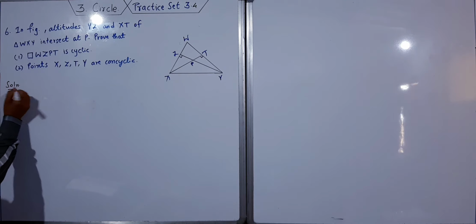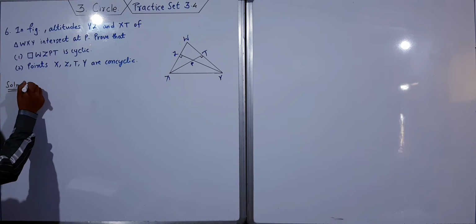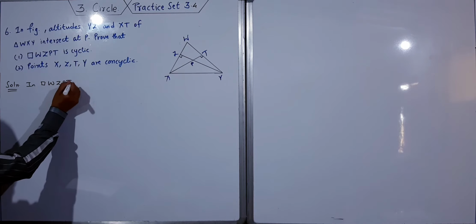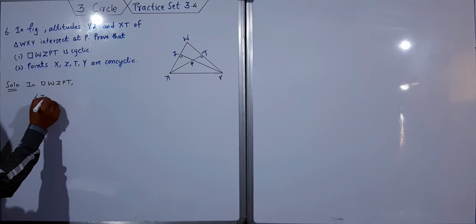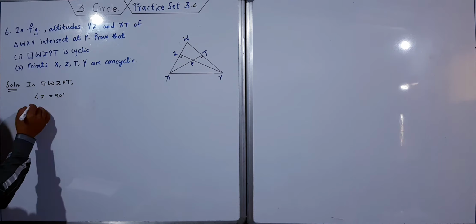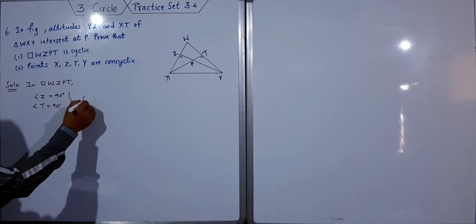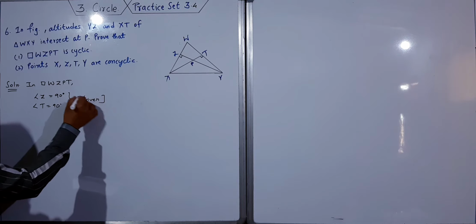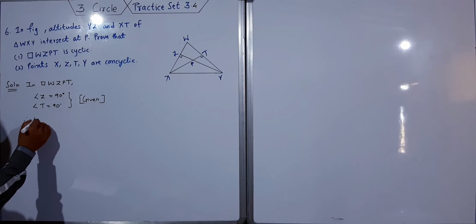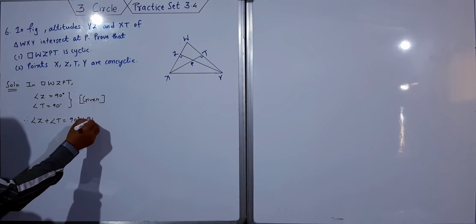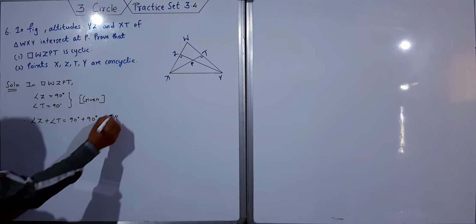So first, what is given, I am writing. In quadrilateral WZPT, what is given? Angle Z is equal to 90 degrees, angle T is equal to 90 degrees. This is given because altitudes are given. Therefore angle Z plus angle T is equal to 90 degrees plus 90 degrees, I will get 180 degrees.